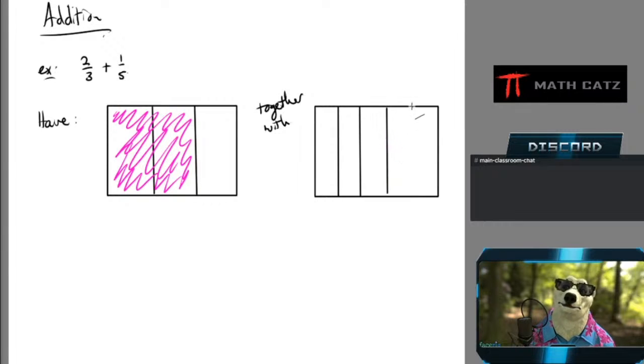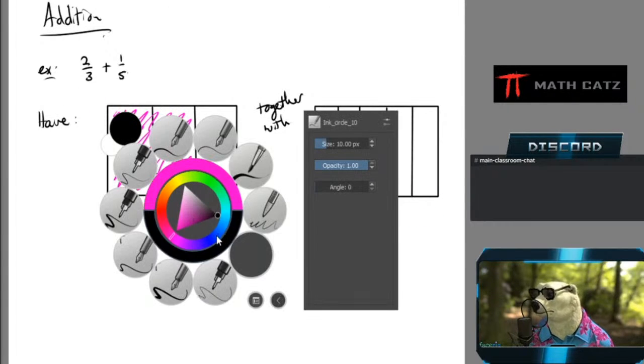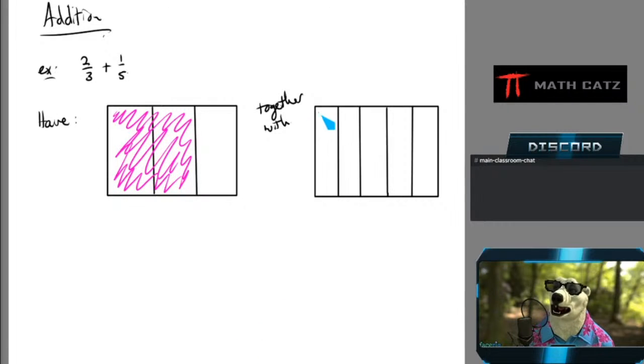They're not equal slices, but as long as you get close, right? Try and get as close as you can to make them the equal size, but clearly it's not going to be perfect. It's okay, especially with the 5. So let's color that maybe blue. I only have 1 slice. Oh, not a lot.